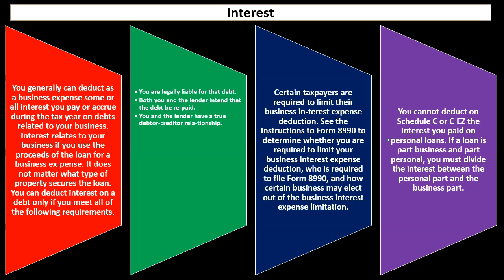If a loan is part business and part personal, you must divide the interest between the personal part and the business part, which again would make sense. What if you took a loan out and you used some for business, some for personal? You don't really want to do that if you can avoid it, because that's confusing. But if you do, then the interest, the rent you paid on the loan, you'd have to break out in some way to the business and personal portions.